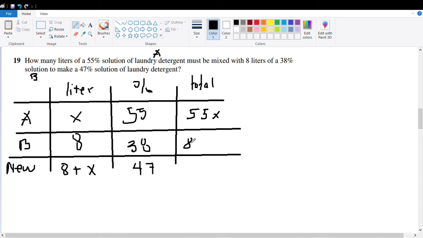And we have 8 times 38, which is essentially 304. And now our new solution is basically 8 plus X times 47.